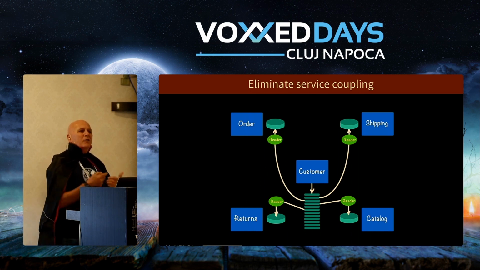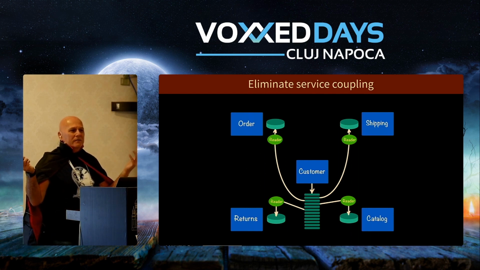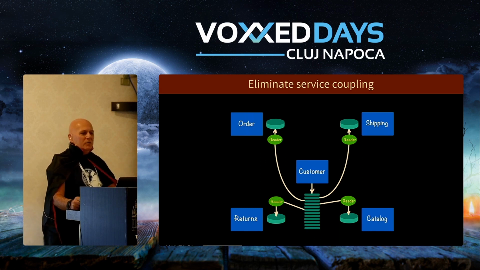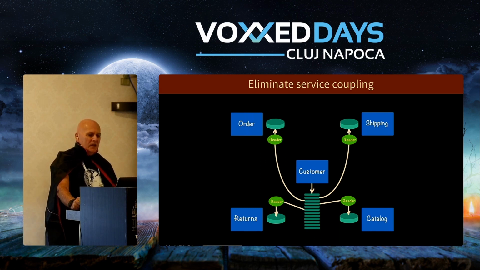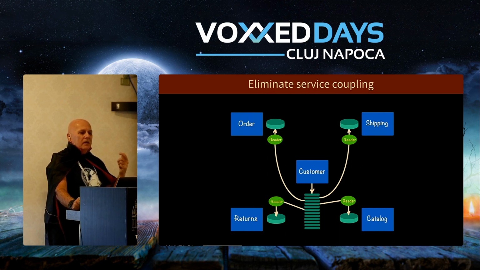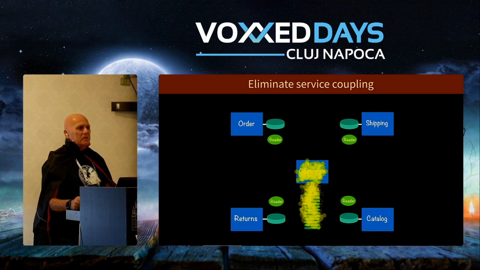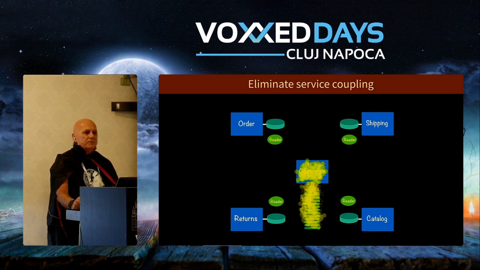I grew up where data was extremely expensive to store, and now it's practically free. Compared to what it was before, we have almost infinite amounts of data. It's very cheap. The bigger thing, I think, is the messaging. When you have a system that you know gives you at least once delivery, you don't have any leaky pipes, then this kind of pattern works. And the nice thing is that when customer goes down, these other services don't even care. They just keep running. That's where you want to be. This is a form of loose coupling.